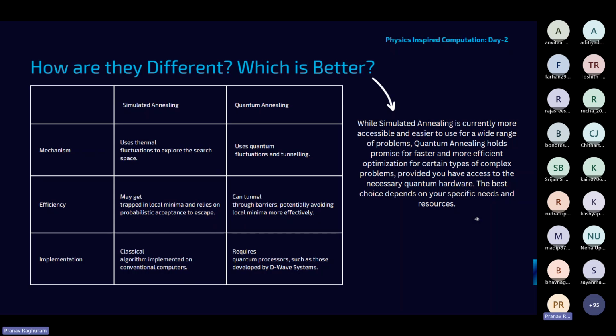The concept of quantum annealing, along with other parallel concepts, paved the way for the development of quantum computing, which has the potential to revolutionize the approach to solving complex problems. Quantum computing is one of the upcoming concepts being explored a lot, and I'll pass it on to Ganesh, who will explain it in more detail.